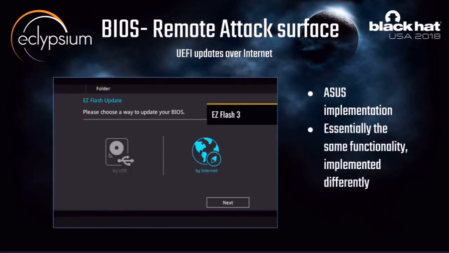ASUS has a similar functionality. It's basically exactly the same functionality. It just looks different, and it's all built on top of those core UEFI network primitives like TCP4, the DHCP primitives, but because all the extra update functionality is custom, it's just implemented differently.